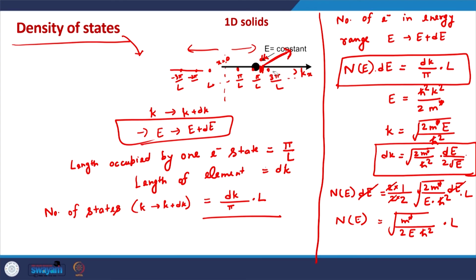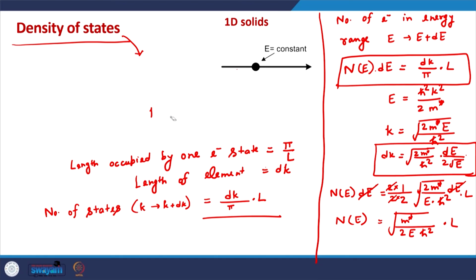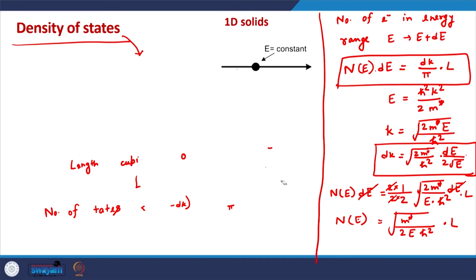So, this N_E parameter is the number of electronic states per unit energy. So, the density of states would be the number of electronic states per unit energy per unit length.